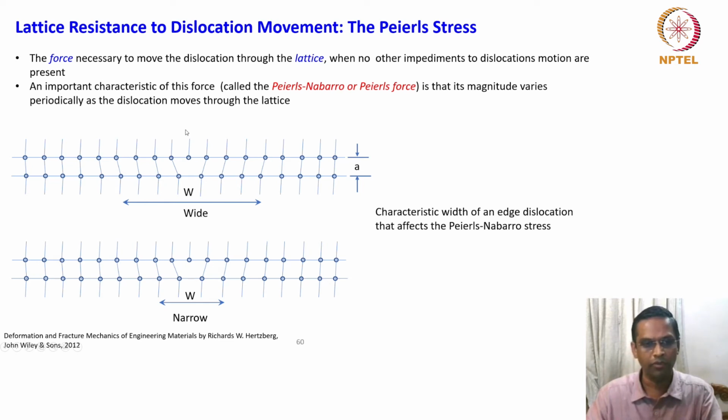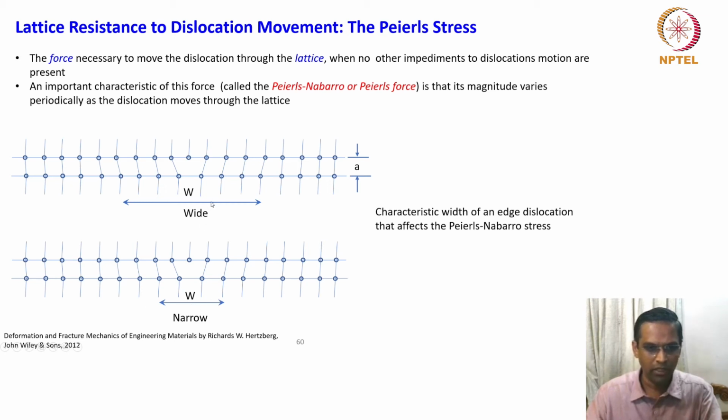Okay. This is for a single dislocation, because we are interested in studying the Peierls stress, moving this dislocation. So if you look at this figure, the bonds here are all straight, but it starts distorting only from this point. So that is the W here.